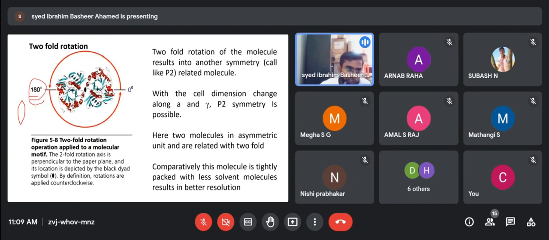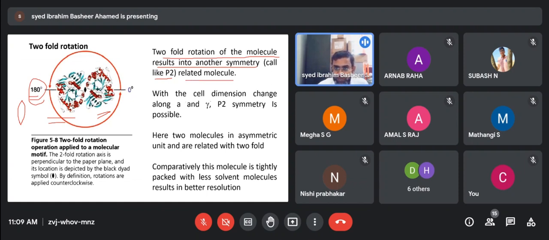That means you need to rotate by 180 degrees. If you rotate this molecule 180 degrees, you will get this one. So these two molecules are related by two-fold symmetry. A two-fold rotation of the molecule results in another symmetry, which is P2, so it's a related molecule.